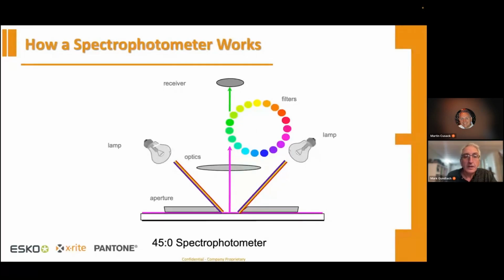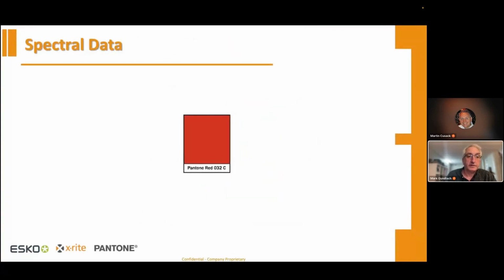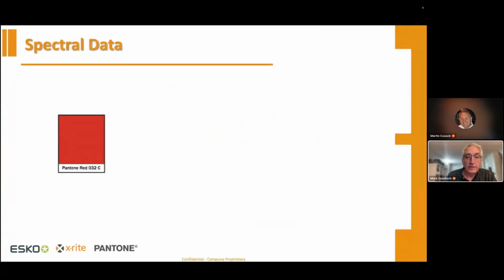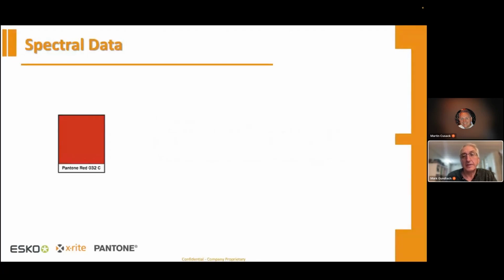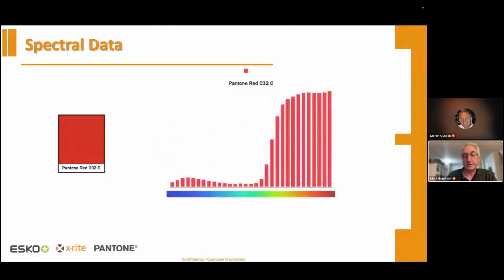So we start out with a color sample. We measure it. We gather spectral reflectance values across all of those different wavelengths. And we can plot a curve that represents the color that we just measured. This spectral data, this is the DNA of that color. It's exactly how that color exists, okay, and it includes everything about it that we need to know.